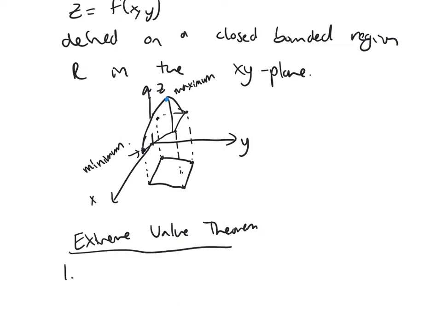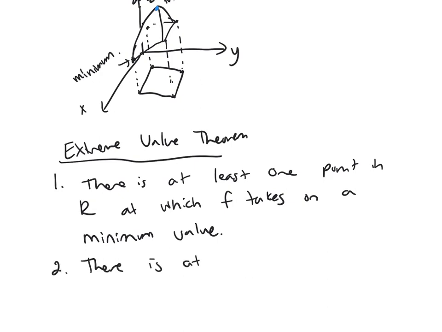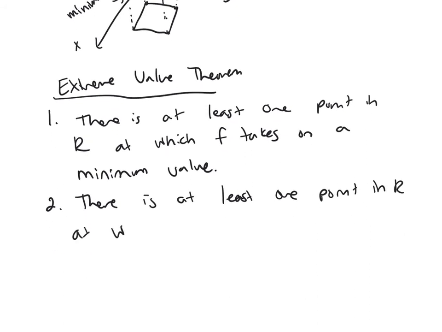It tells us that there is at least one point in R at which f takes on a minimum value and there is at least one point in R at which f takes on a maximum value.